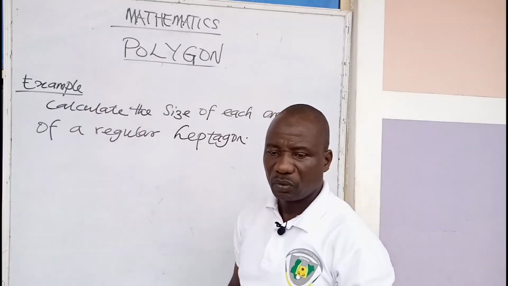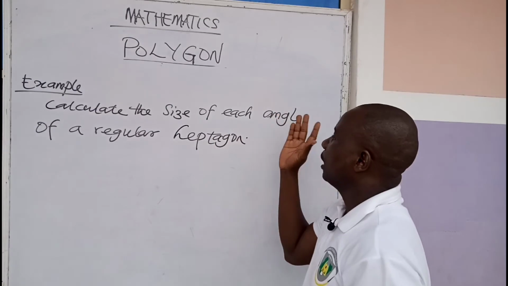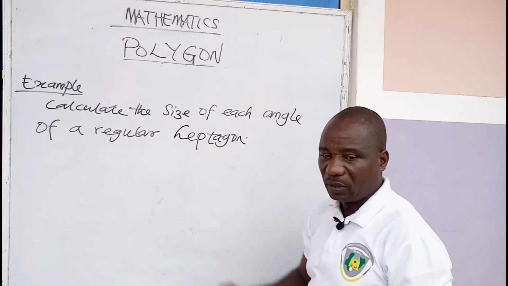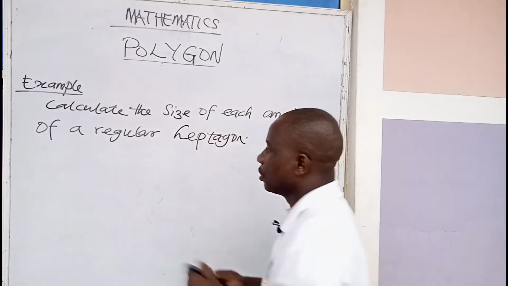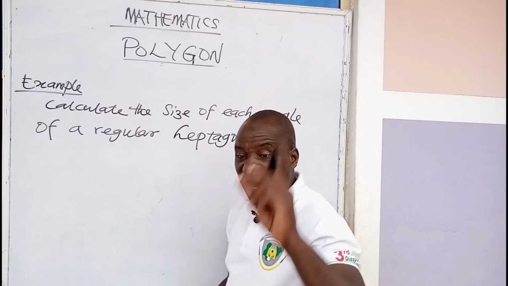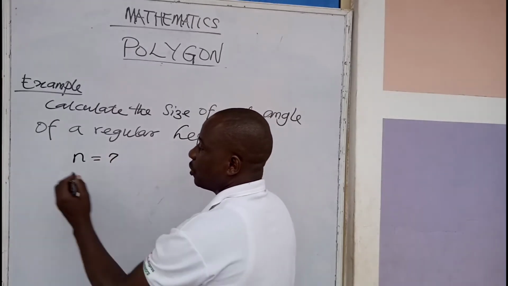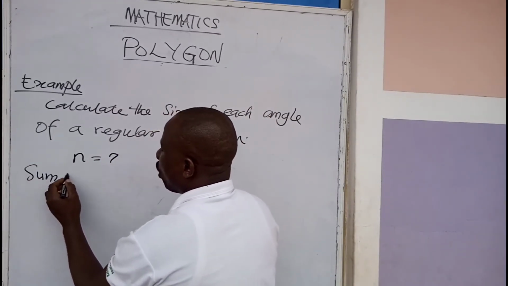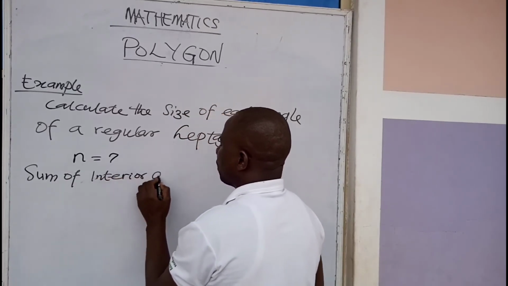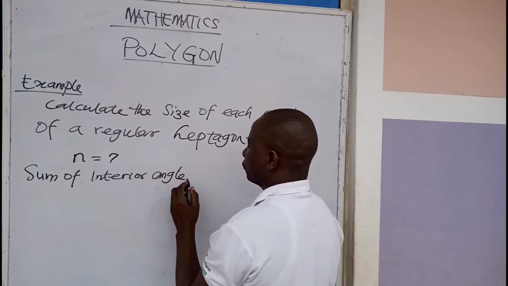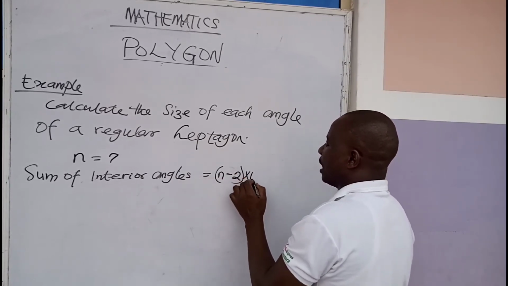I have an example. We want to find the size of each interior angle of a regular heptagon. Class, what is a heptagon? A heptagon is a 7-sided polygon. So what is our n? Since they say heptagon, our n is 7. The sum of interior angles is given by (n minus 2) times 180.